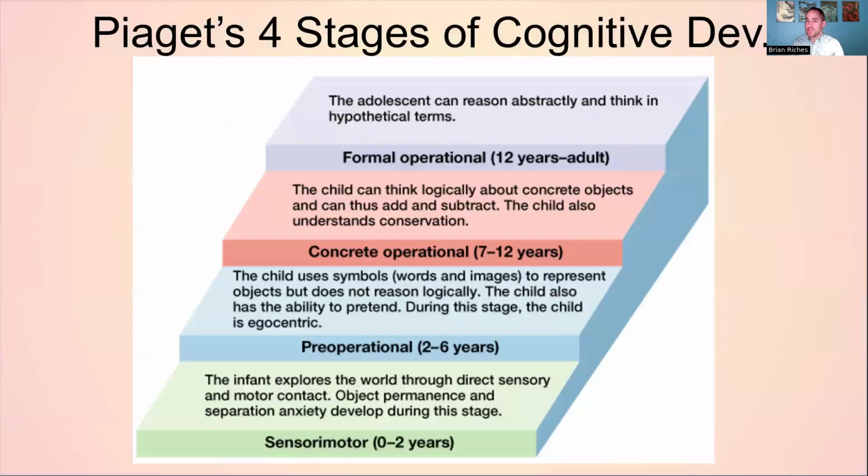So here's some of Piaget's stages. We've got sensorimotor early on in life, pre-operational in still early childhood. Then as we get towards adolescence, concrete operational. And then for Piaget specifically, after you get to be about 12 years old, your brain has kind of figured out how to do its processing and you don't have any more change after that. Not actually the case.